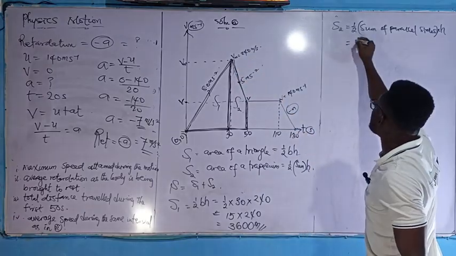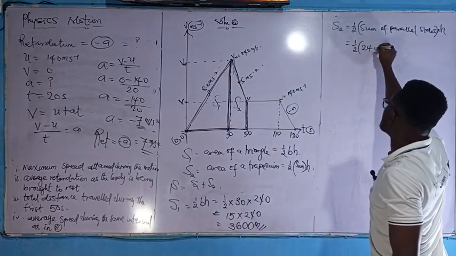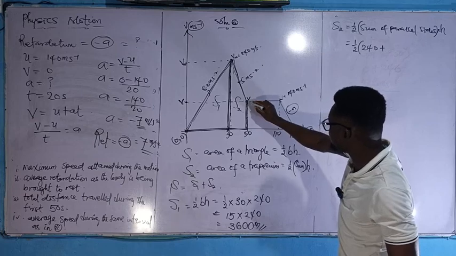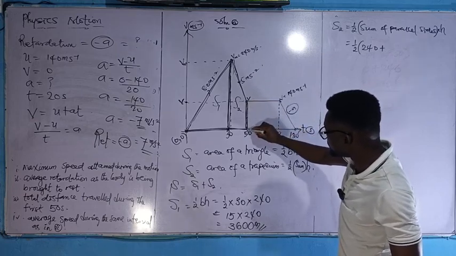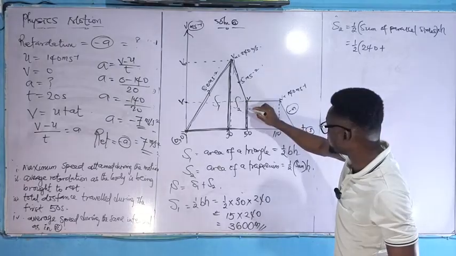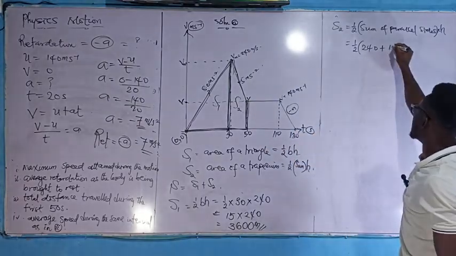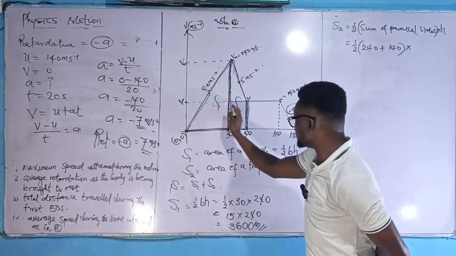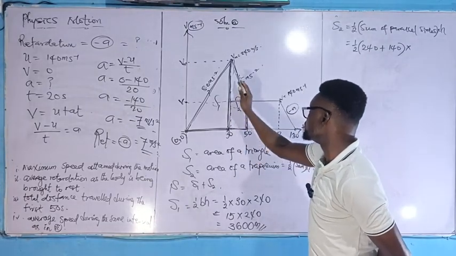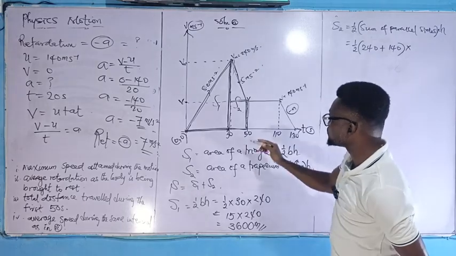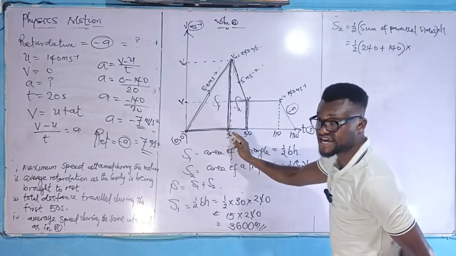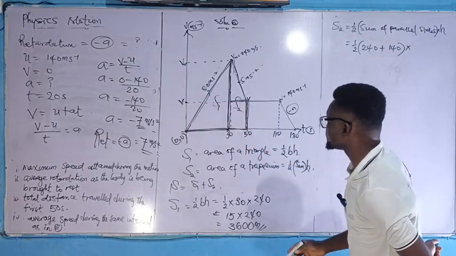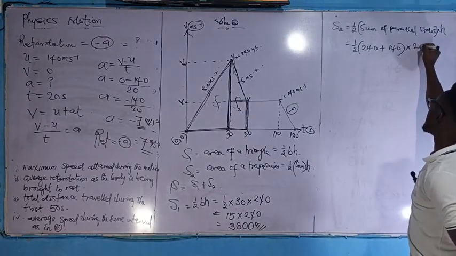So we have half of 240 plus, from here to here, the speed is 140. Then times the height, which is the distance between the two vertical lines, 50 minus 30, which is 20.